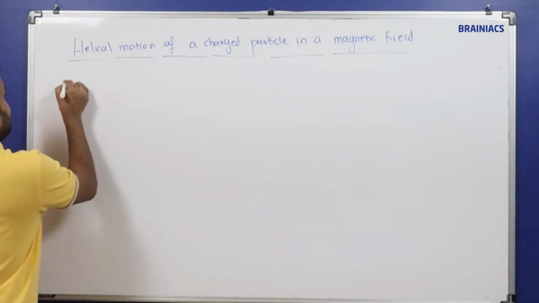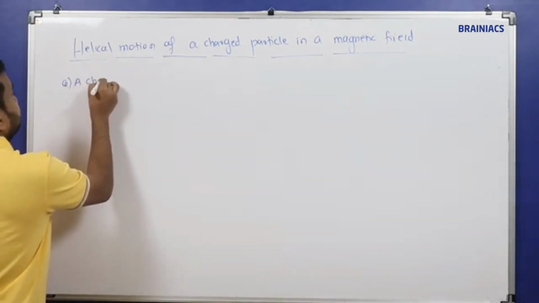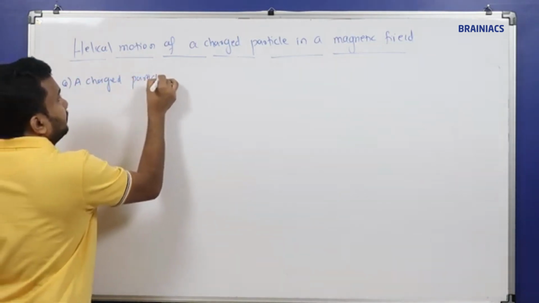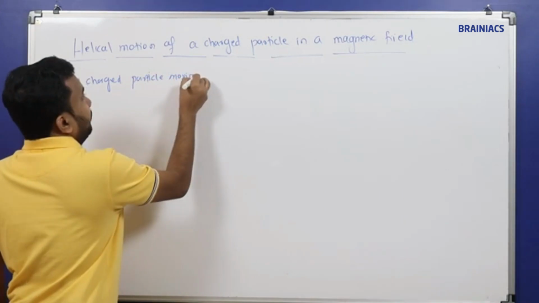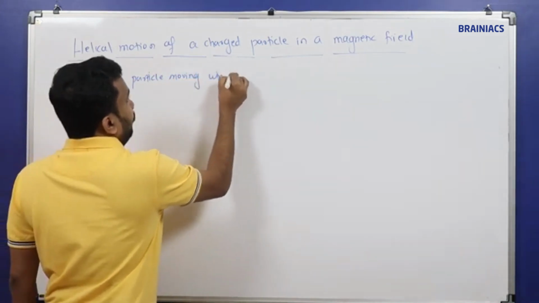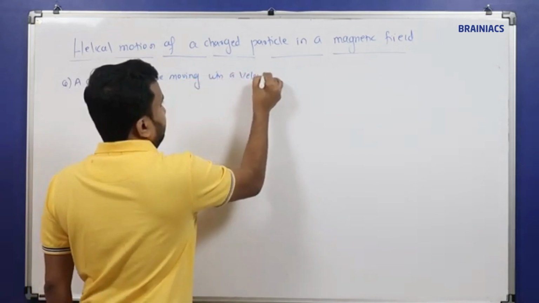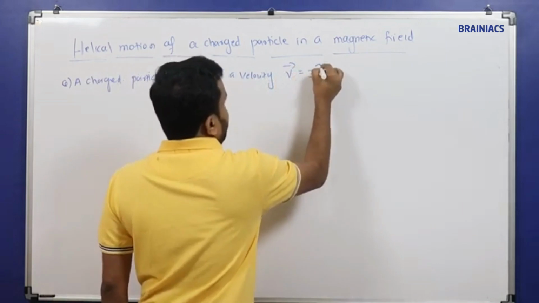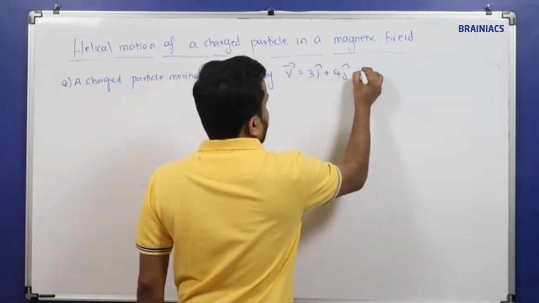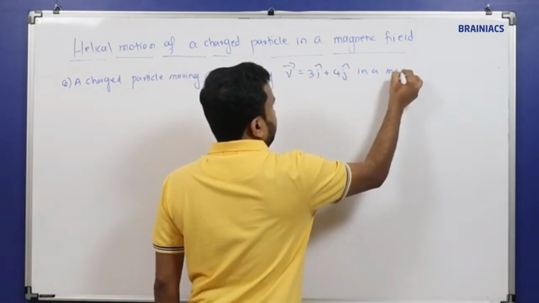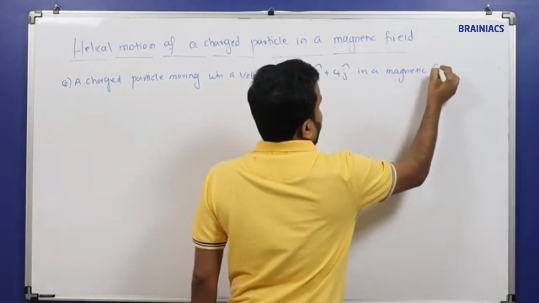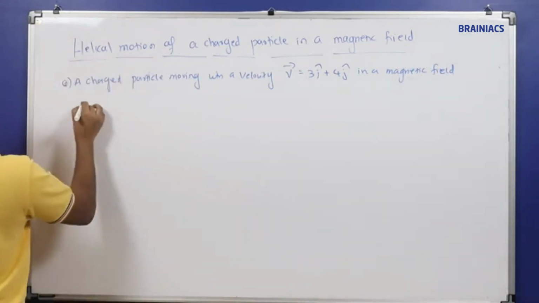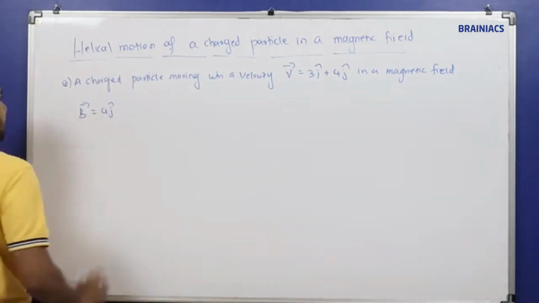Let's write the next question. A charged particle moving with a velocity vector v equal to 3 i cap plus 4 j cap in a magnetic field vector B equal to 4 j cap.